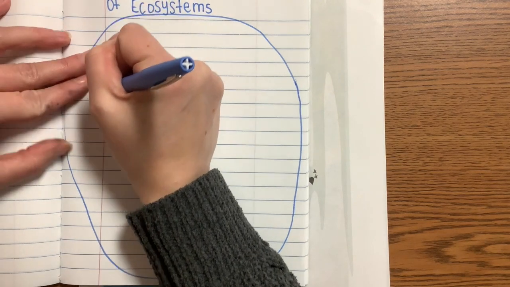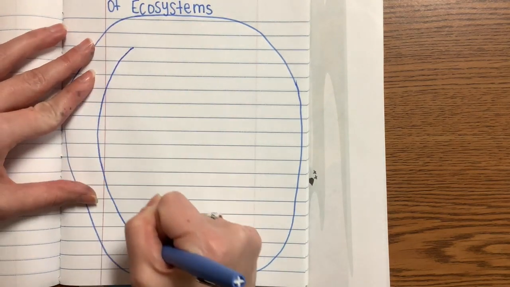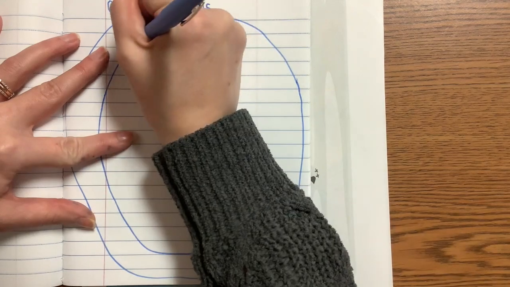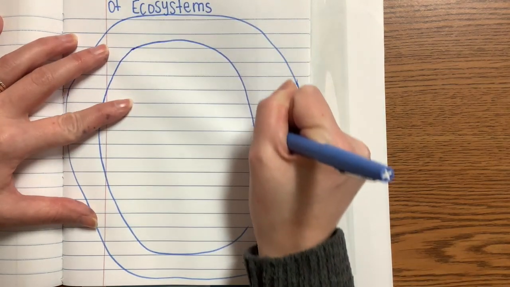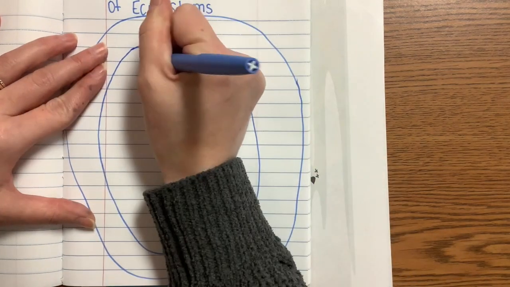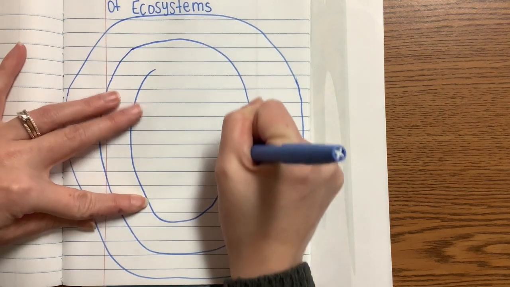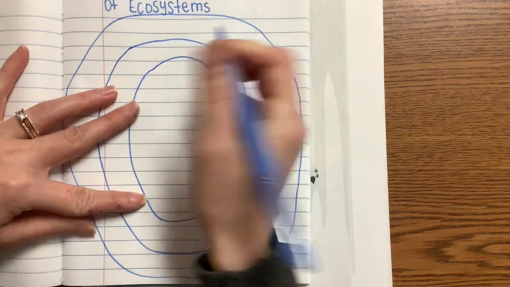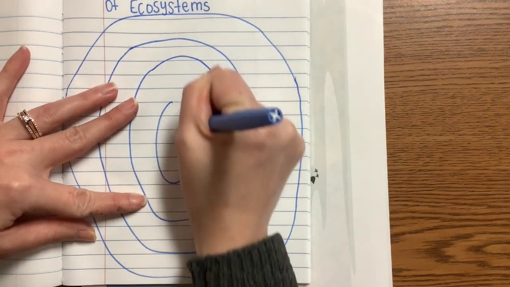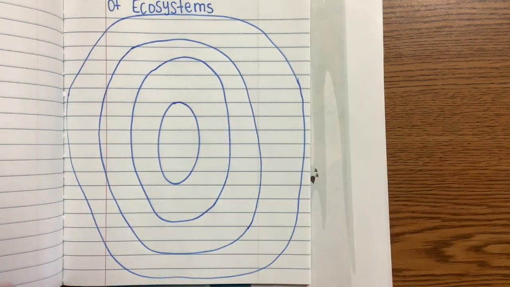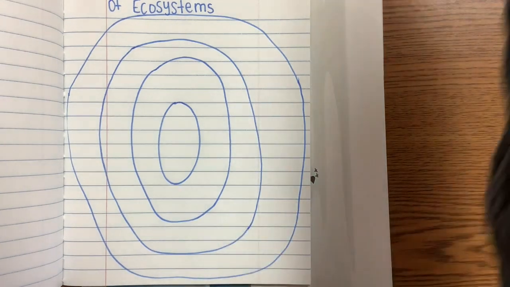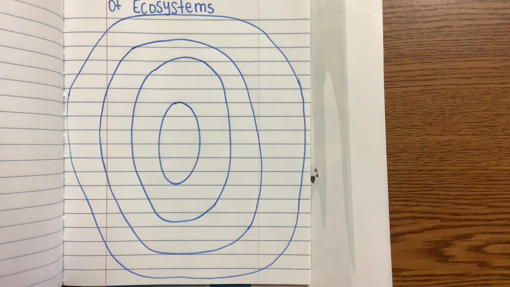Make sure you have enough room inside your circles to draw pictures and write words. So 1, 2, 3, 4. I'm going to probably trace mine in black marker so it looks a little bit better.